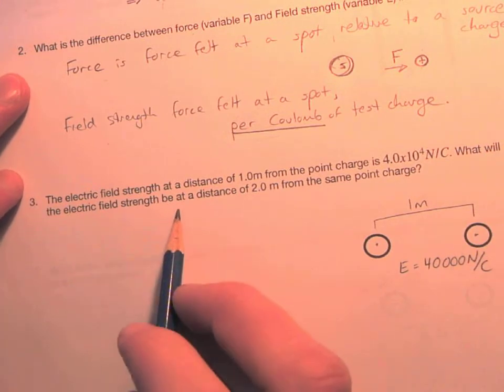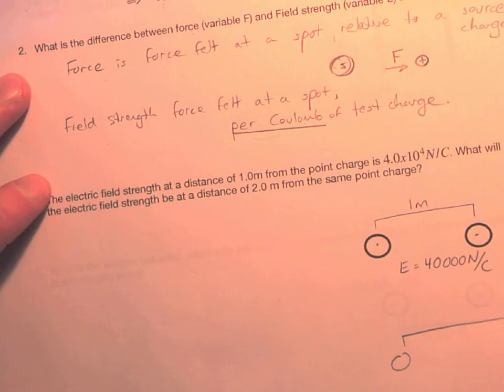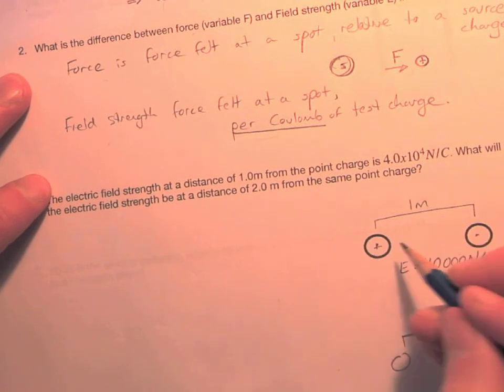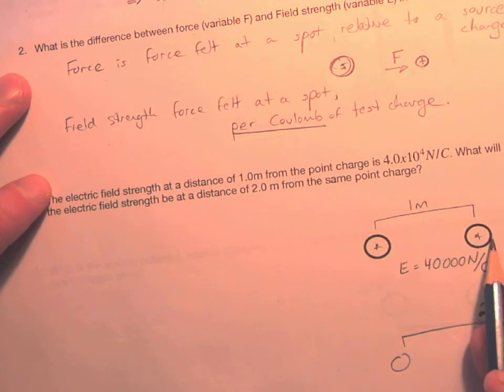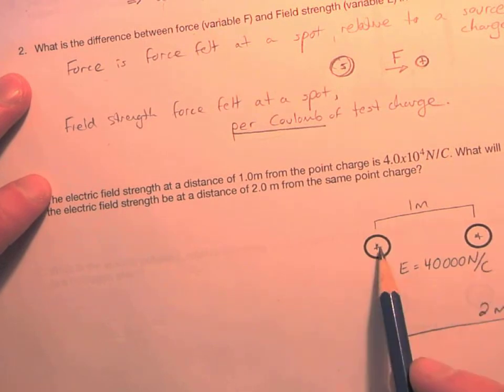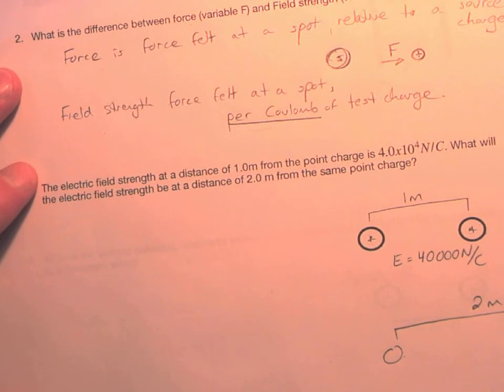What will the electric field strength be at a distance of 2 meters? Okay, so say they're both positive and then this one moves from there to there. So you can guess that the electric field strength, or the force it's going to feel, is going to be, I'm going to guess, less as it's further away, right? Because it would be repelled less.